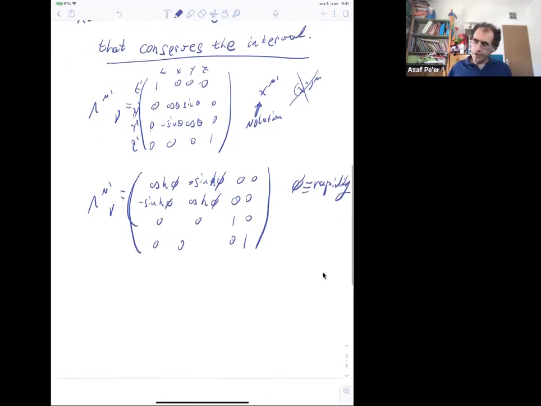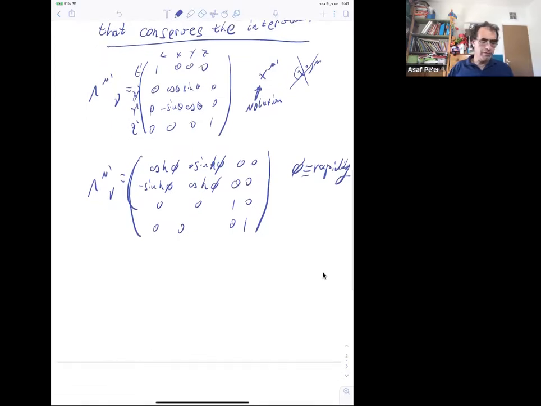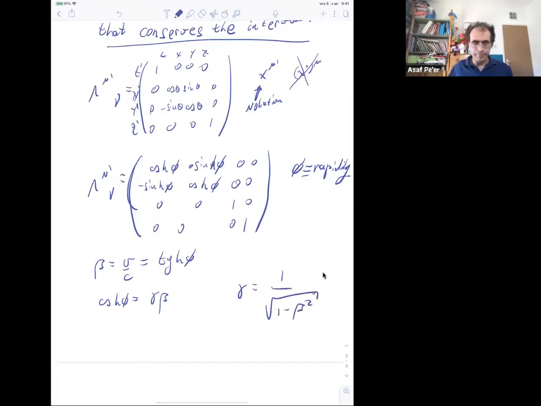And in fact, as we showed, phi goes from minus infinity to infinity. And then we can identify beta, which is v over c, as tangent hyperbolicus of phi. And then we end up with cosine hyperbolicus of phi, which is just gamma, and sine hyperbolicus of phi is gamma times beta, where gamma is just 1 over square root of 1 minus beta squared.